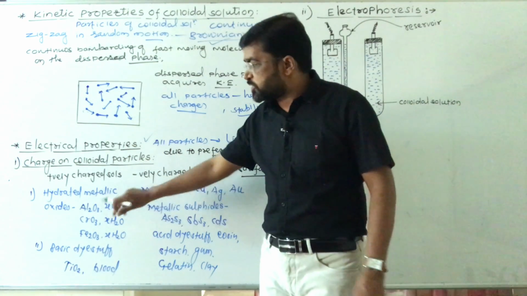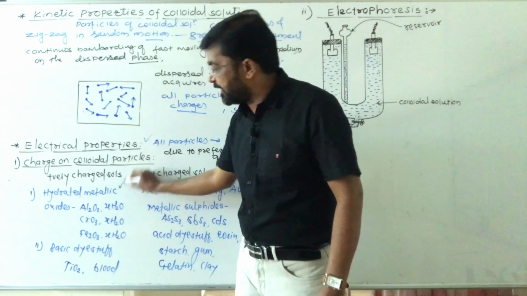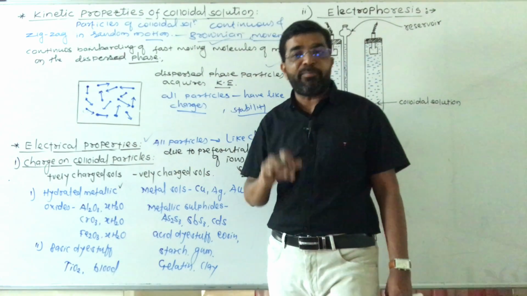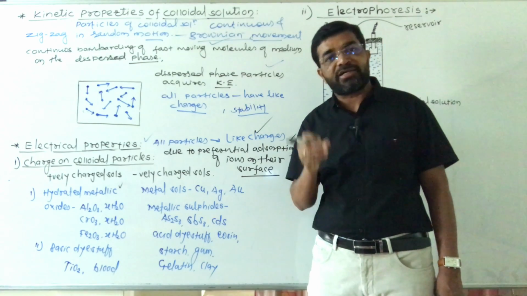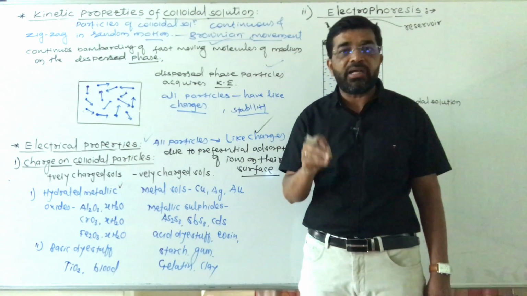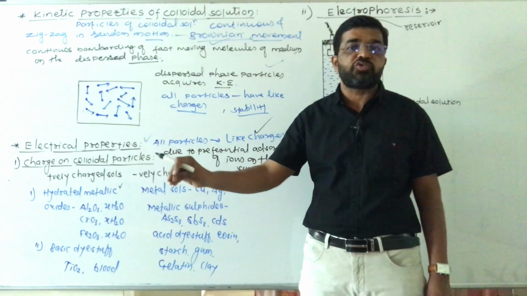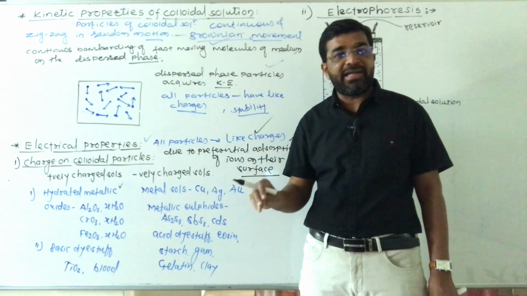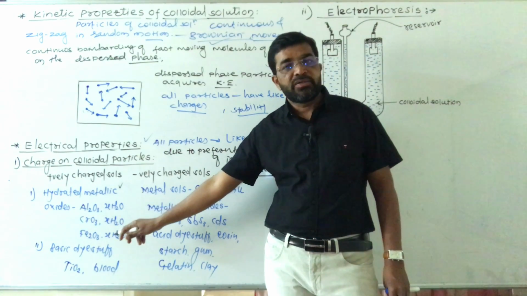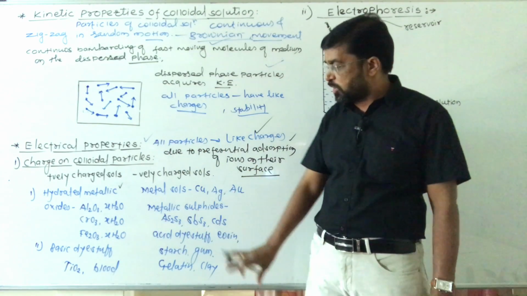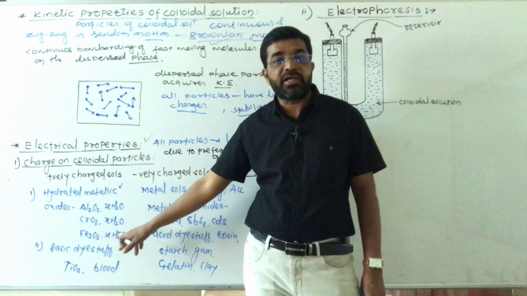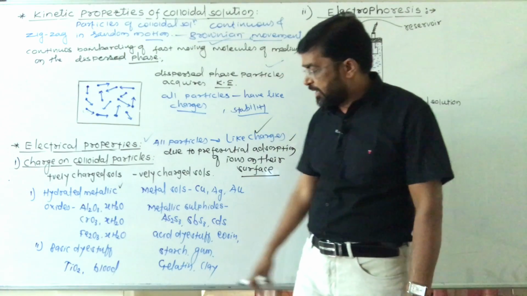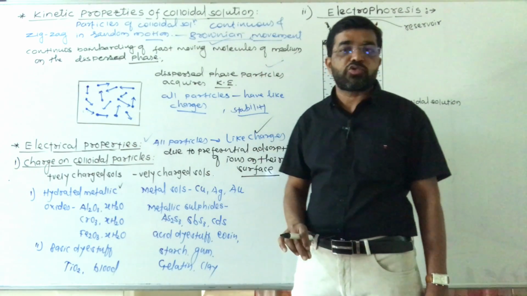Now you see positively charged colloidal particles: hydrated metallic oxide. Hydrated metallic oxide यानी क्या, metallic oxide containing the required number of water molecules in it. For example, Al2O3 containing X moles of water, CrO3 containing X moles of water, ferric oxide containing X moles of water.